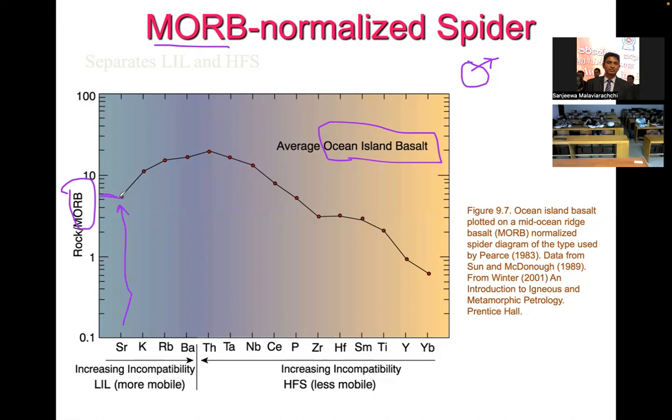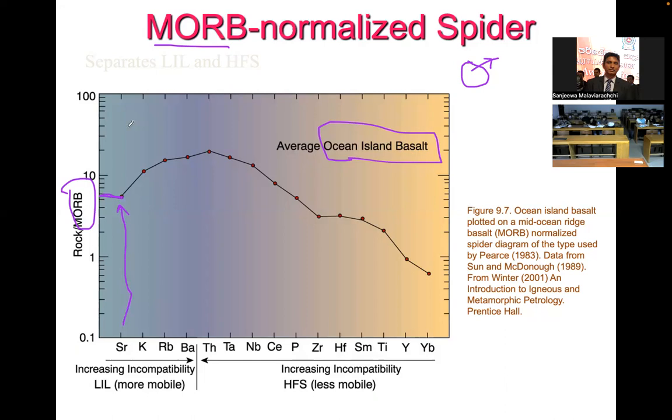It's almost like 6. So that means if MORB basalts has 1 ppm, ocean island basalts must have 6 ppm. Obviously it indicates many times higher composition than the mid-ocean ridge basalts.